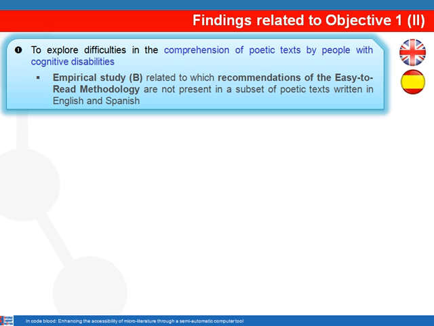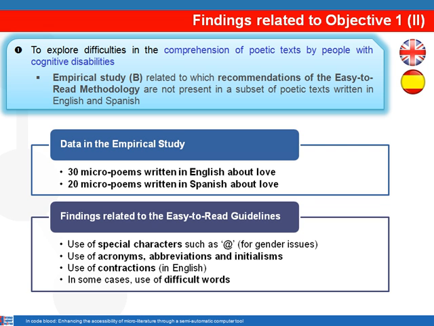In order to perform this study, we manually analyzed 30 micropoems in English and 20 micropoems in Spanish, in both cases related with love issues. After the analysis, we can conclude that in most of the cases, poems include special characters, acronyms, difficult words, and contractions in the case of the English language, which is not according to the easy-to-read guidelines.